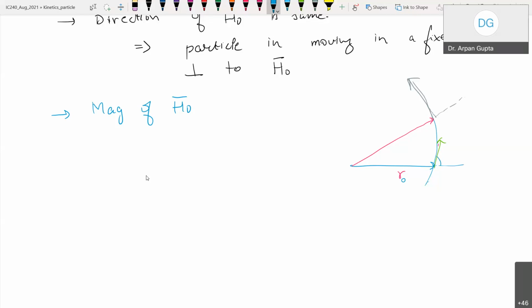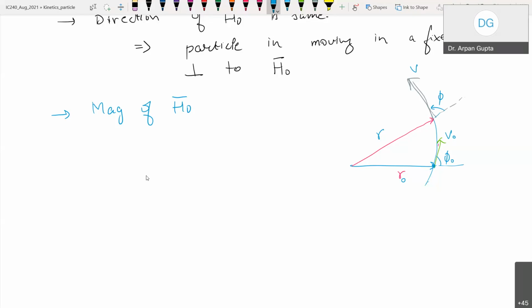So let us say at initial position r naught, it has got a velocity of v naught and there is an angle of phi naught. At another instant, it has got a vector r vector, velocity v vector, and the corresponding angle between r and v vector is phi.